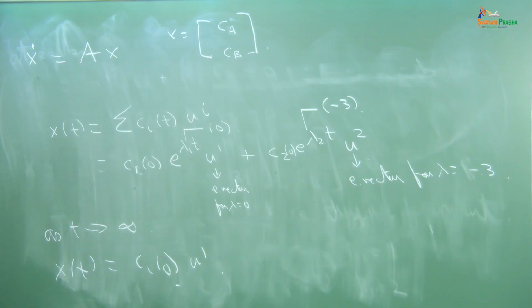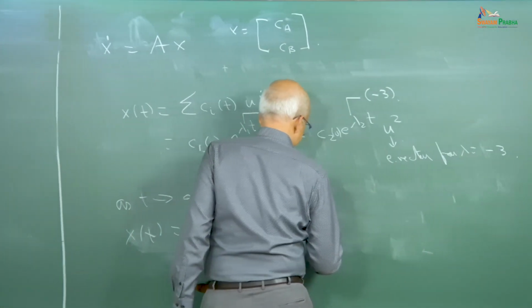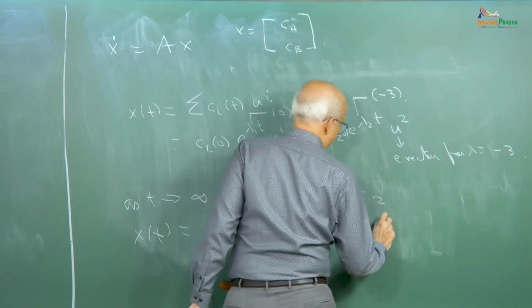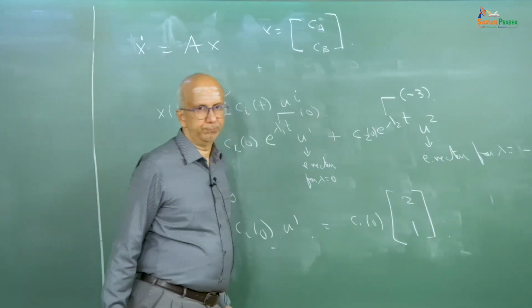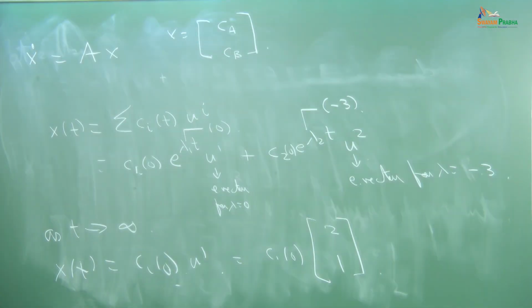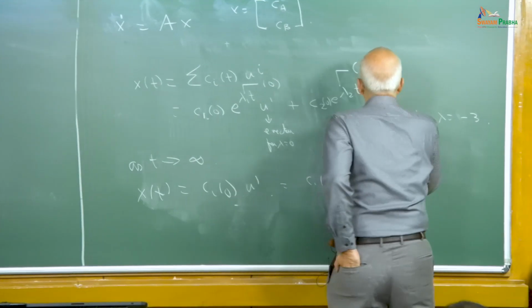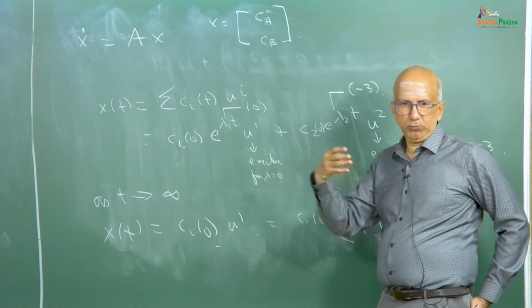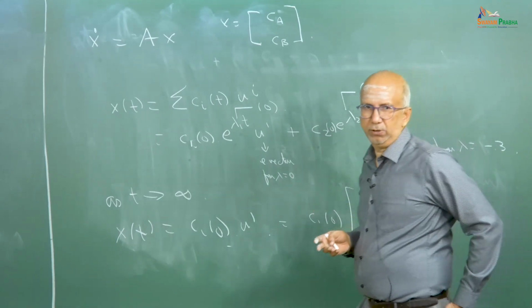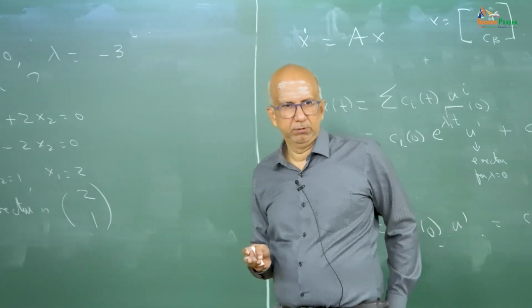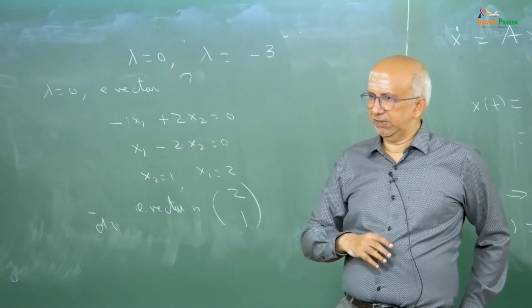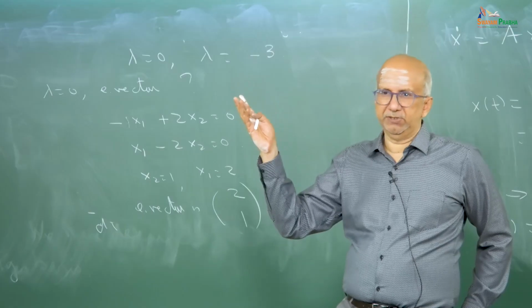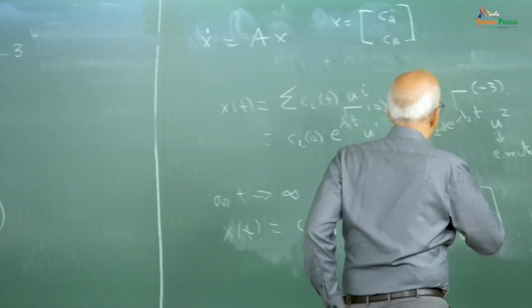So, it will be of the form C1(0) times [2, 1], because the eigenvector corresponding to lambda equal to 0 is [2, 1]. I am not right now interested in the other eigenvector because I am only interested in the equilibrium; e power lambda t does not contribute, so that goes off. If you want to find the full time dependence, then you have to worry about this term.